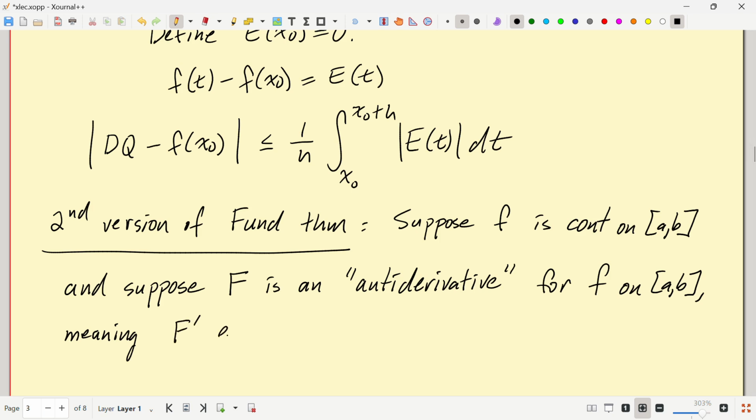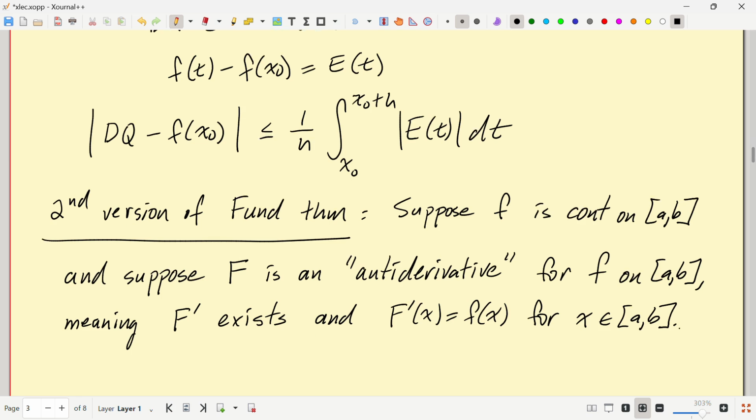Capital F prime exists, and F prime of x is equal to little f of x for all x in the interval.